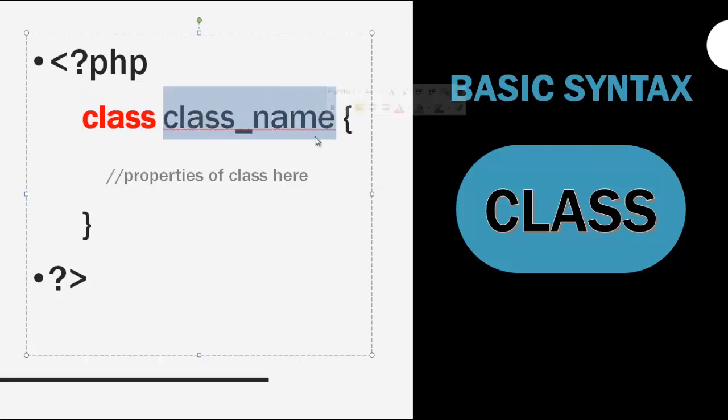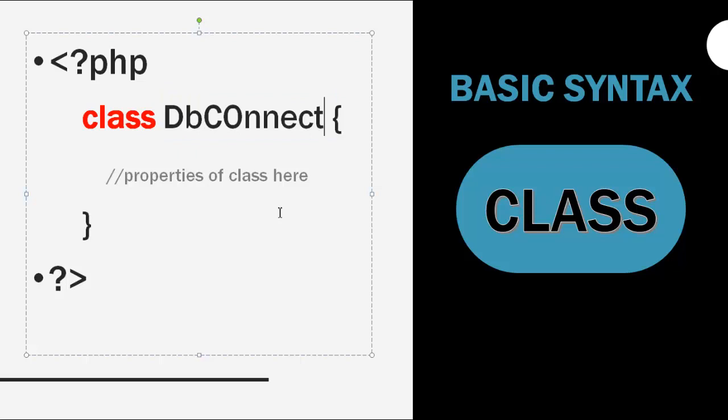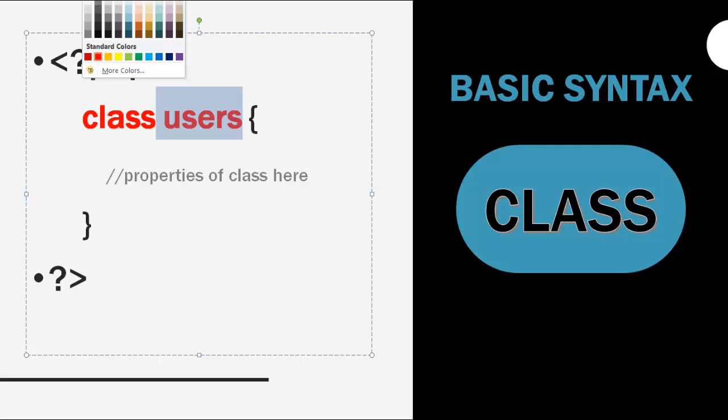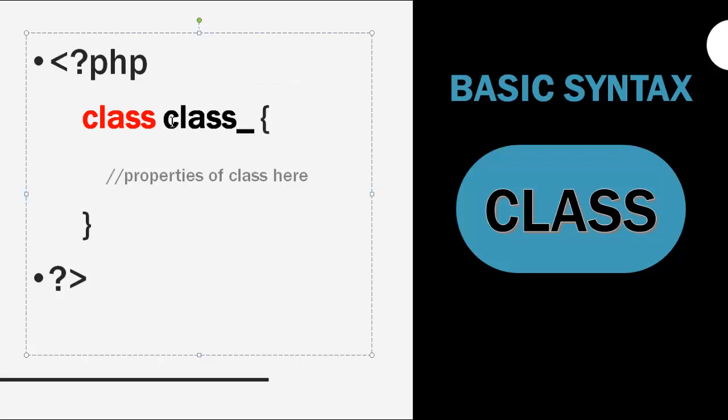You can write any class name here, like DB Connect, or users. First there will be class, then a space, and then users. So here will be our class name, and you can write any class name here.